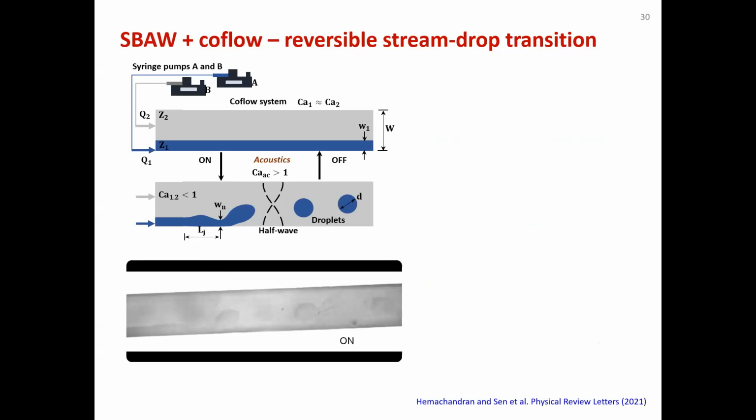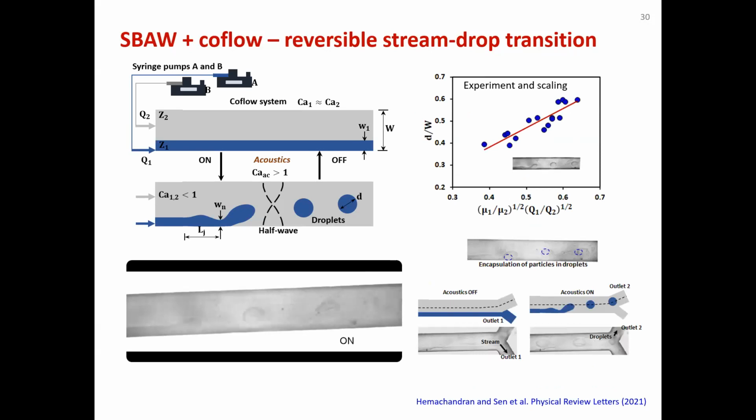Did you see this instability leading to different sizes, or is there any heterogeneity in the droplet sizes? Yeah, that is the beauty of microfluidics. If you just use hydrodynamics, forget about acoustics, you would generate droplets which are highly monodisperse, and this is very challenging, or I would say difficult, to achieve in conventional methods.